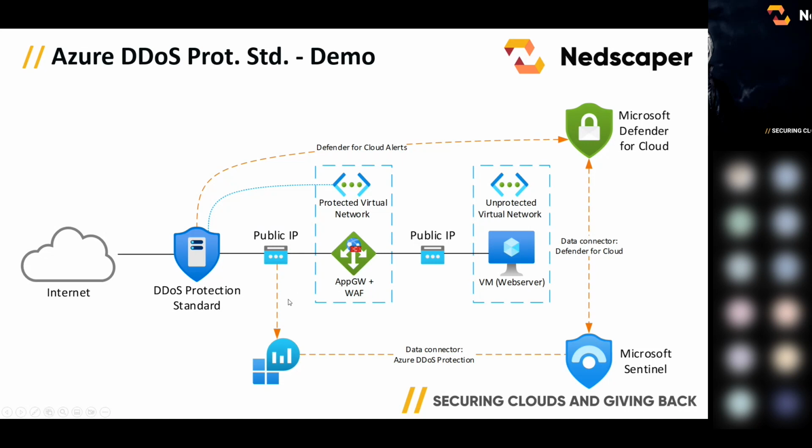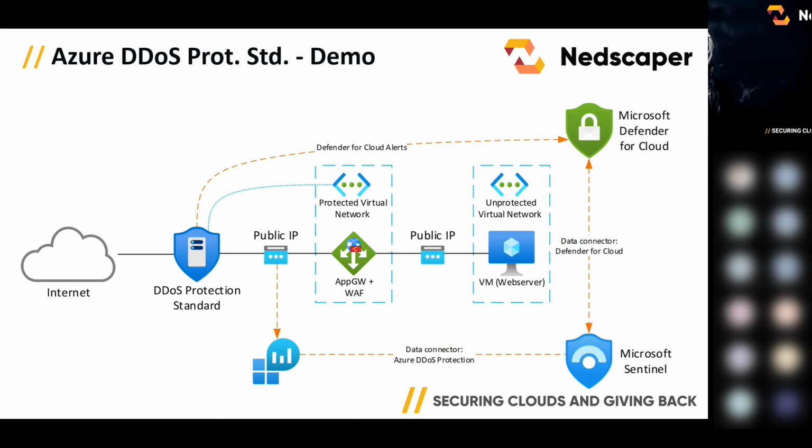And one last thing I want to highlight is the signal of the events. So you can have your Azure DDoS protection. By default, it will signal Microsoft Defender for Cloud, and all the alerts would go over there. But additionally, you can also add the diagnostic logging for a public IP address to a Log Analytics workspace, for example.